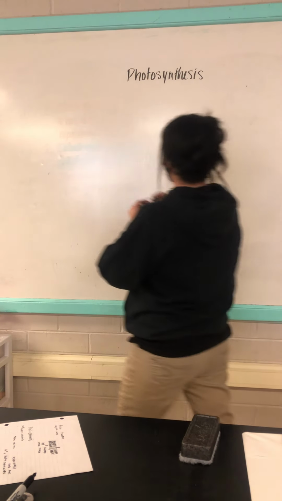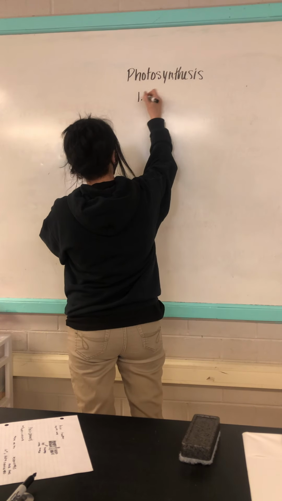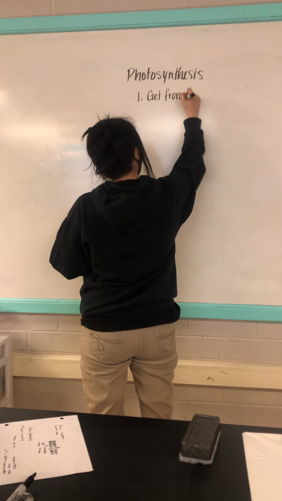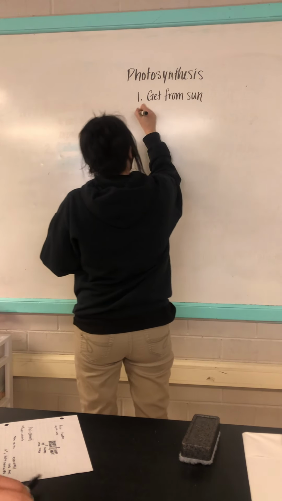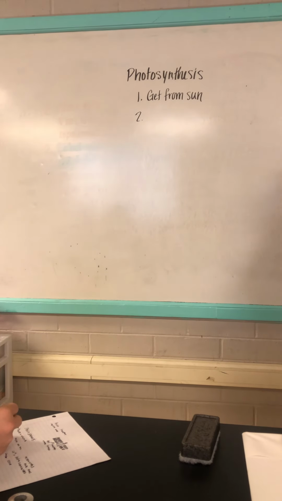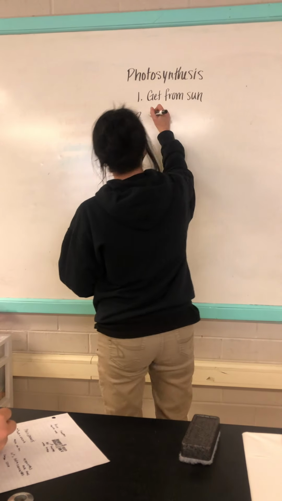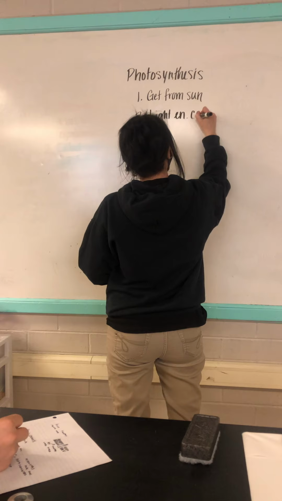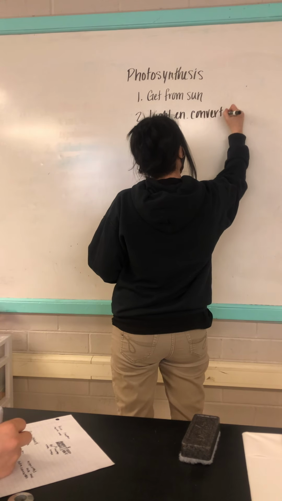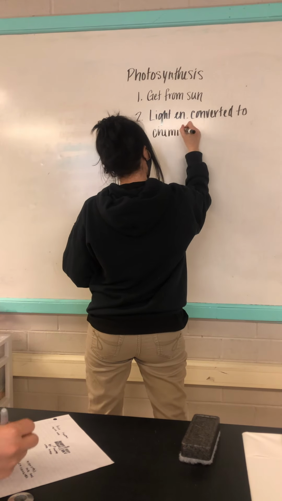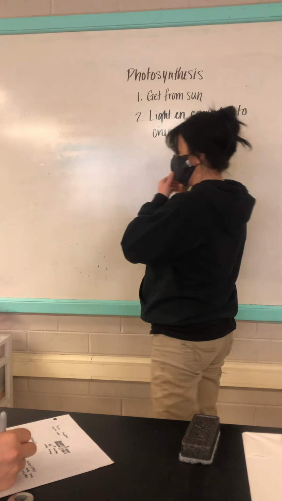Okay, so the first thing that the plants have to do is get their energy from the what? From the sun. So you have to have sunlight for photosynthesis to be going on. The light energy is converted to chemical energy. This is within the cell, within the chloroplast.